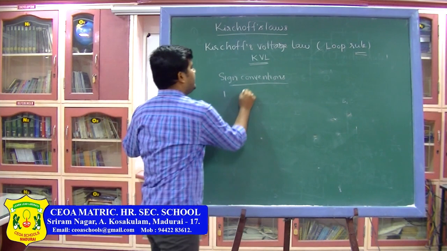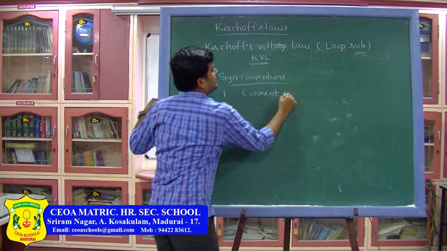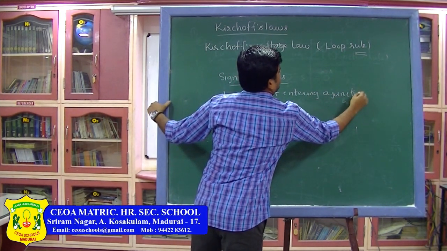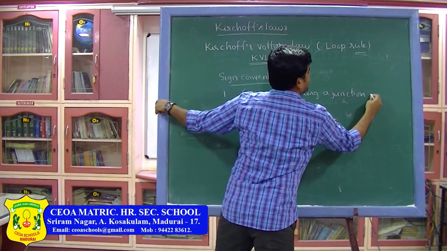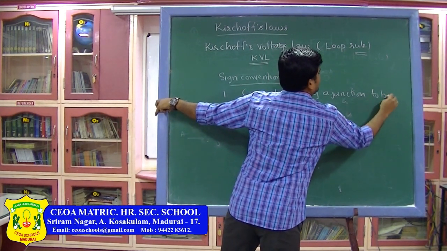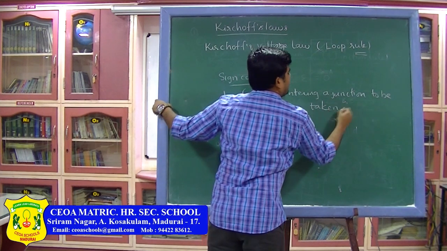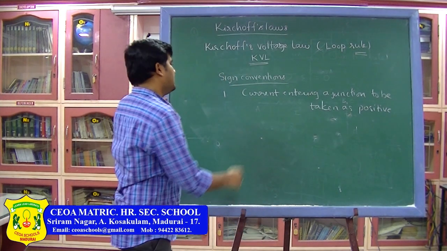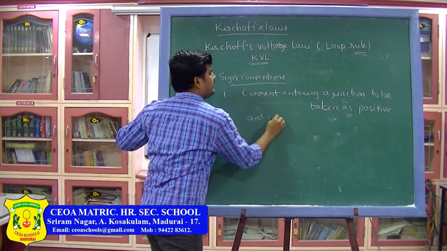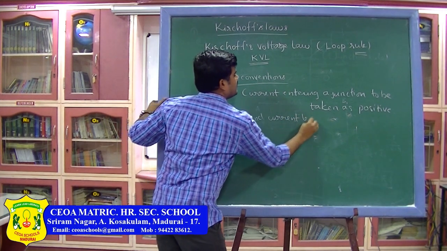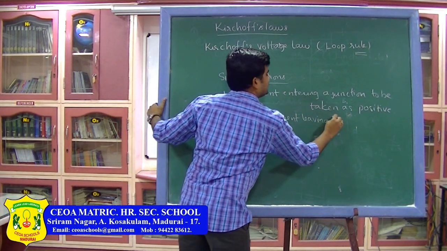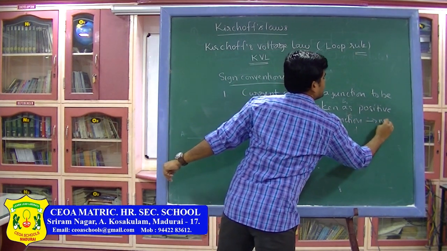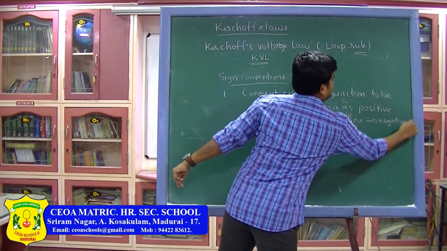Current entering a junction is to be taken as positive, and current leaving the junction is to be taken as negative. This we already discussed in the case of the junction rule.